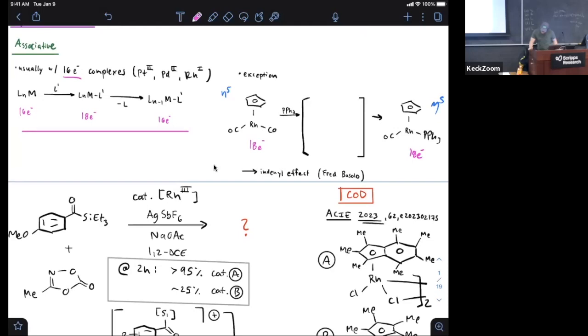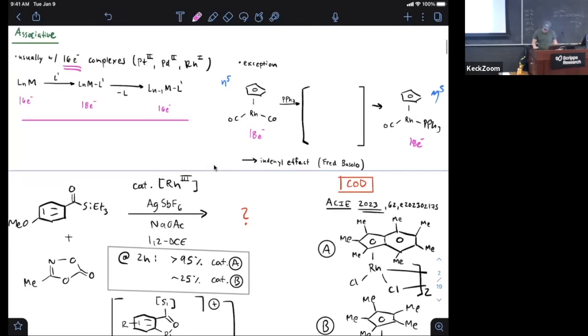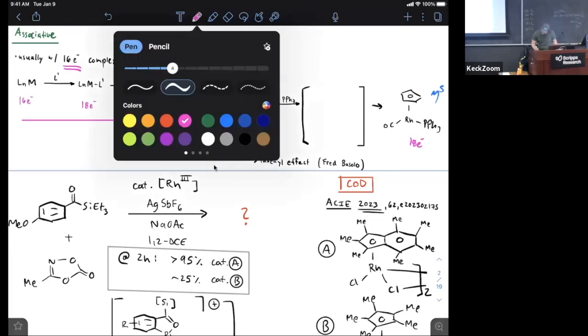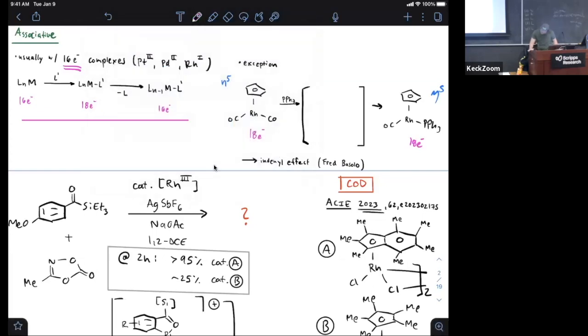There are some exceptions to this rule of 16 electron complexes being able to undergo associative substitution. And one of the exceptions is shown here. And so how might this be happening?